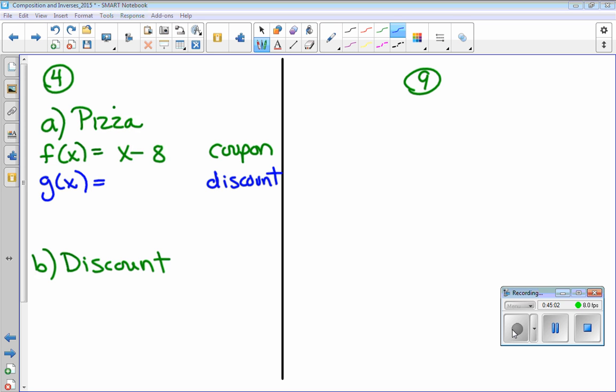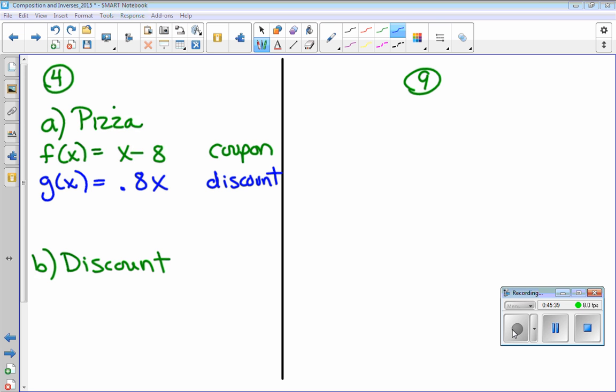So 1 minus 20%, or 100% minus 20%, is what? 80%. So you're paying 80% of the price if you get a 20% discount, if you want to think about it from that perspective. So it actually becomes 0.8x, because you're not paying that 20%. You subtracted it. That's your discount. If it was a markup of 20%, what would the number be? 1.2. Okay? Good. So these are my two functions that you need to use.